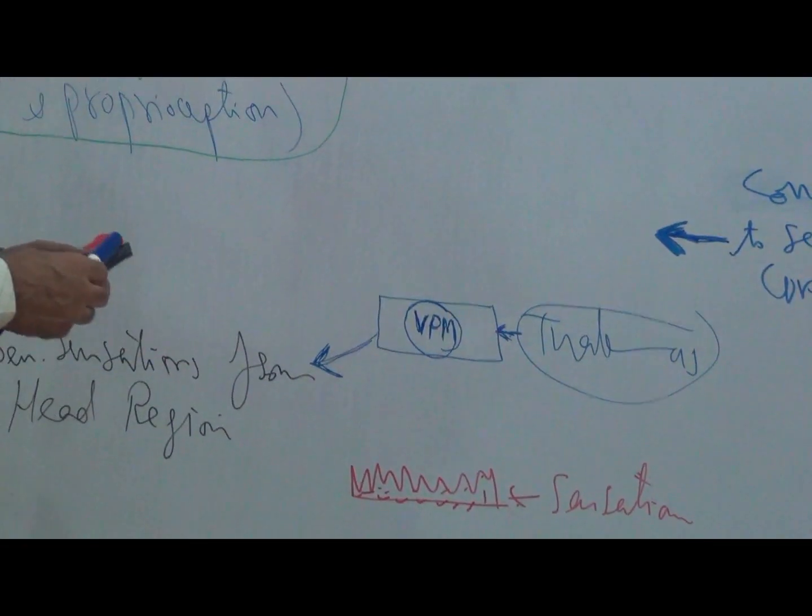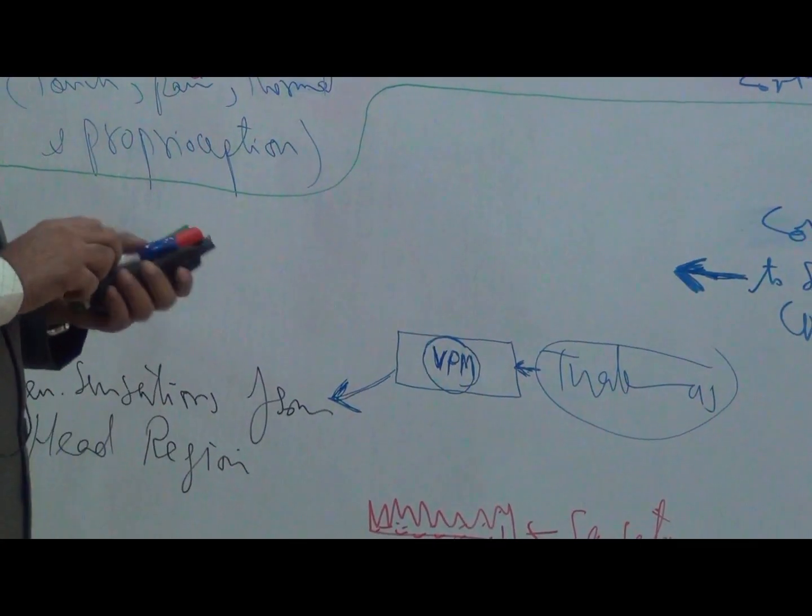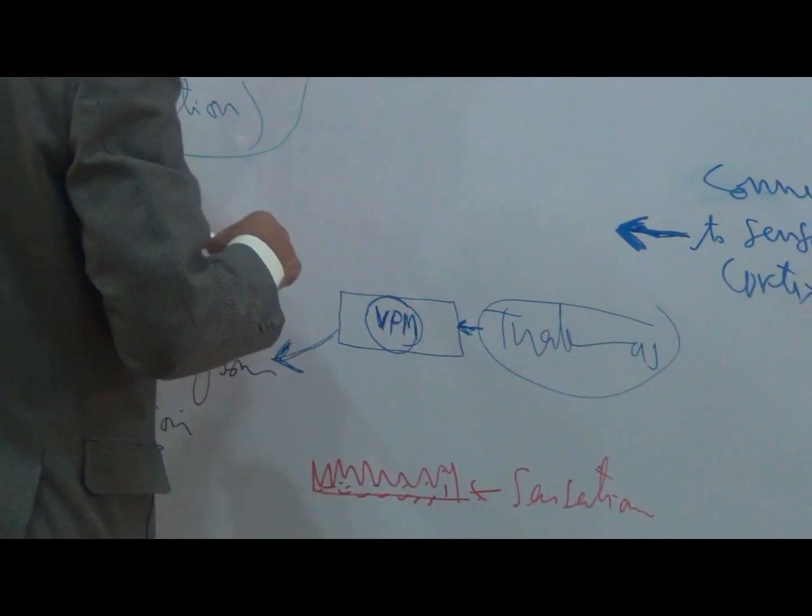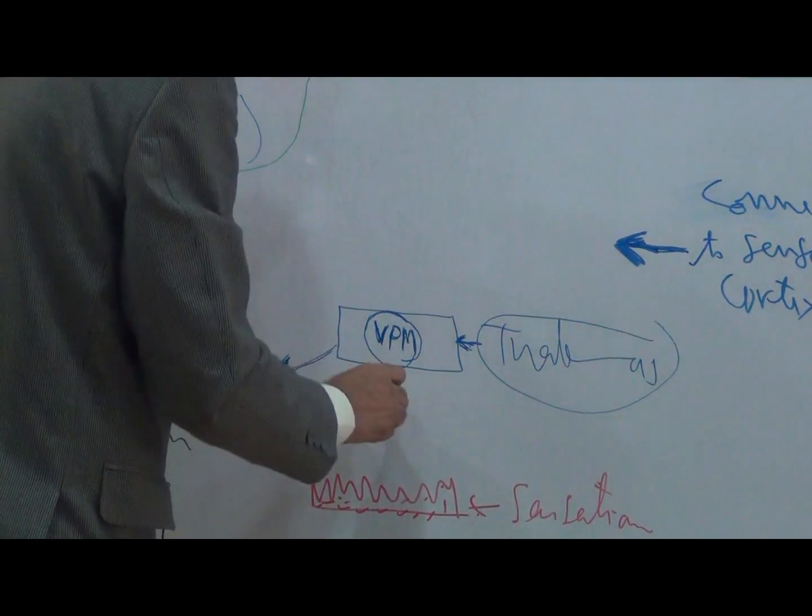From the head region, the impulses pass to the thalamus via the trigeminal tract.